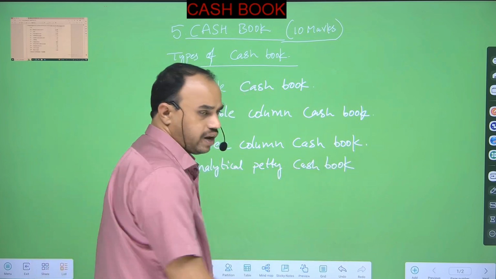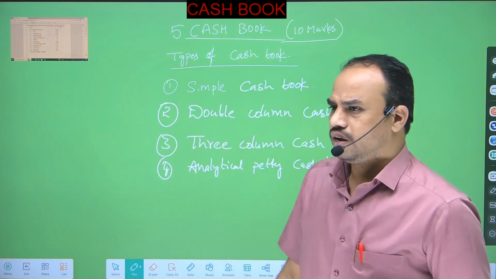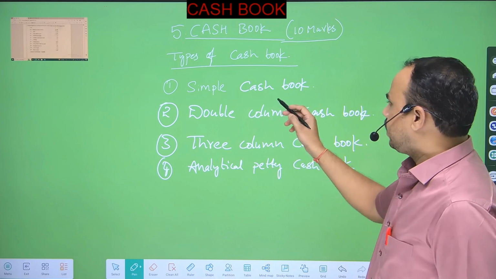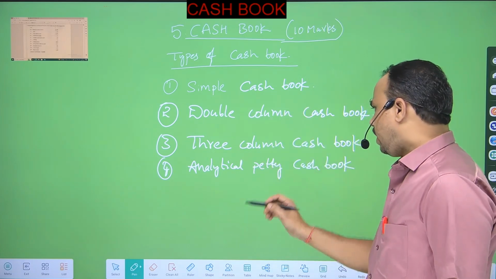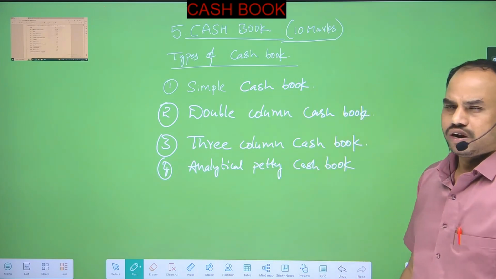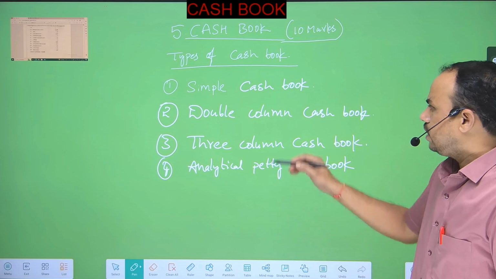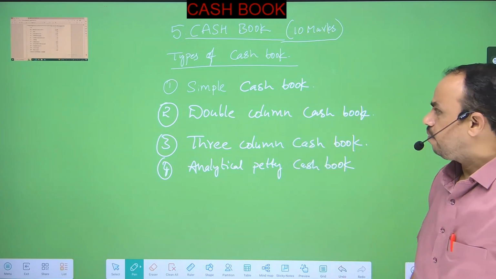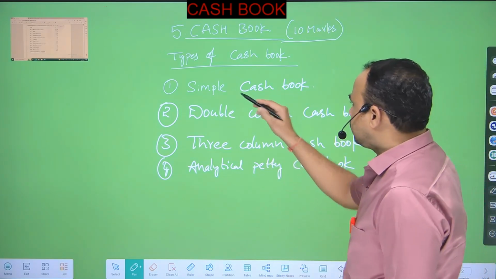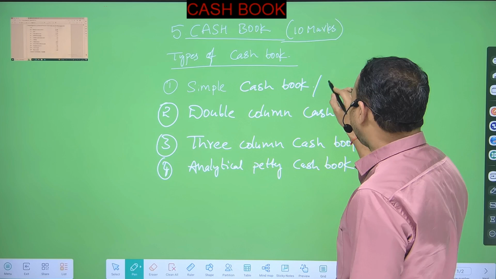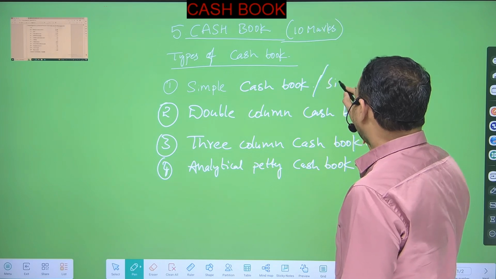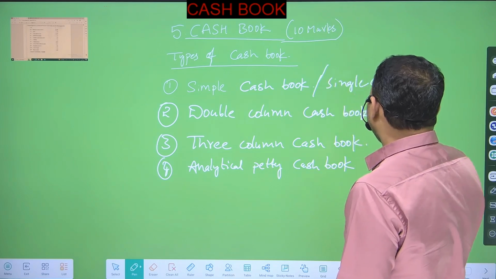Now there are 4 types of cash books we have. Look at the board one time: simple cash book, double column cash book, 3-column cash book, and analytical petty cash book. Listen carefully. Simple cash book is also called single column cash book.